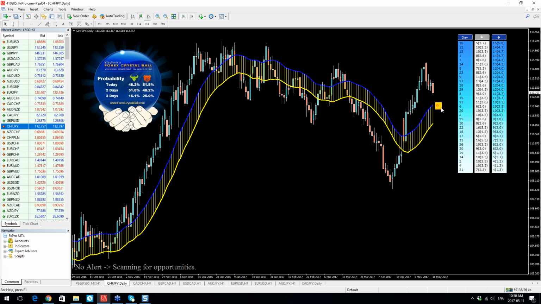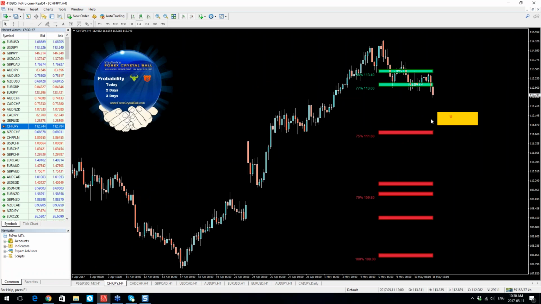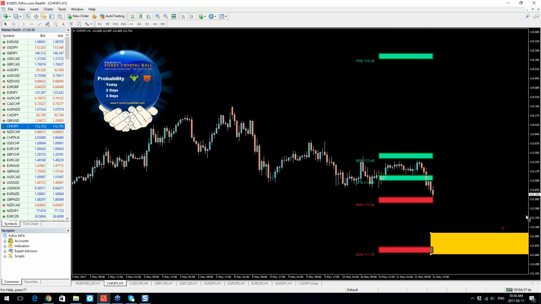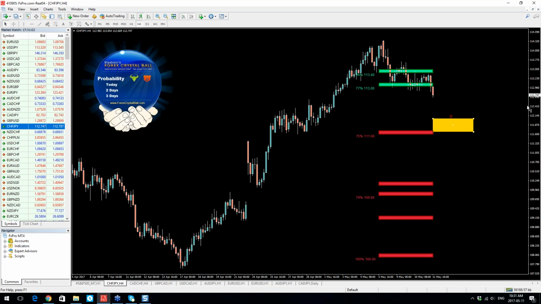So you prepare your levels in advance, okay, you see? Then you move it accordingly to the supports, for example, and buy action zones for us, right? 4 hour, 1 hour, okay? One of them is here, one of them is a bit higher, and this is where we start looking for possible buys for further continuation, right? Will we get a sign?